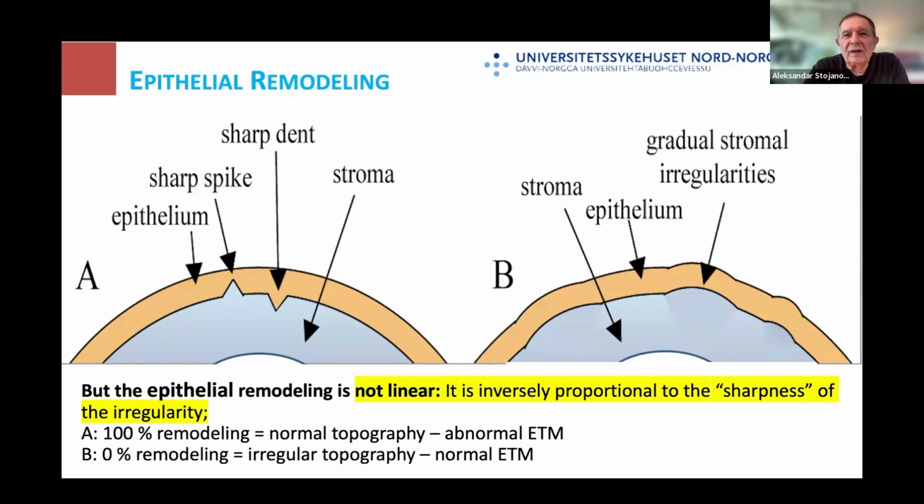The epithelium will not, I can say, know that there is something irregular on the stroma, because it is a very smooth transition between the irregularities, which may be optically significant, but the epithelium would not do anything about it. So it would be 0% remodeling. We will still have irregular topography, but we will have a normal epithelial thickness map, because the epithelium will be of even thickness over the whole cornea.